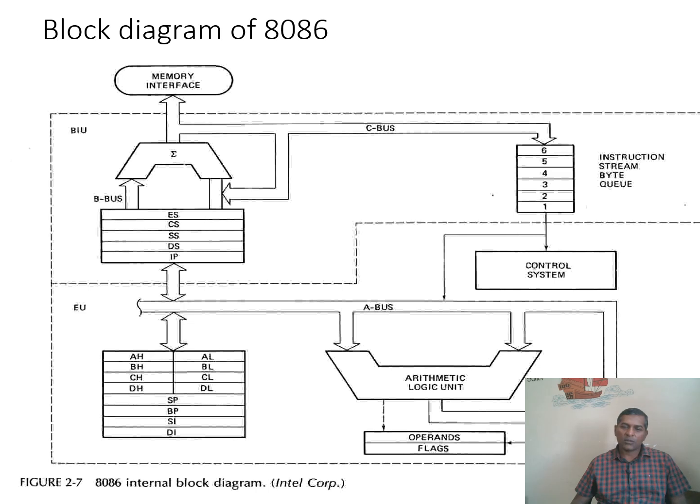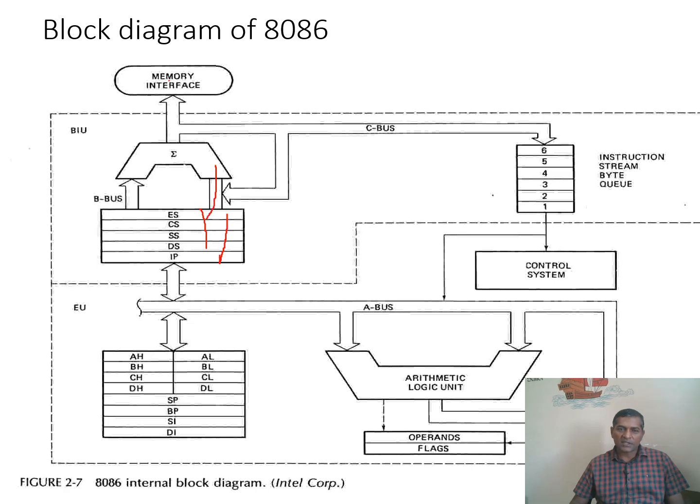So this was the block diagram we were talking about. Just now we have studied these segment registers, ES, CS, SS and DS, only 4. These will have the address of memory. They will generate the address from where the information has to be collected.